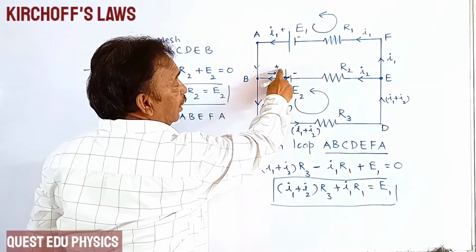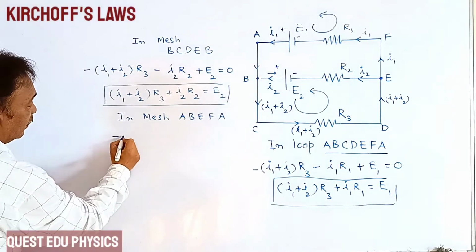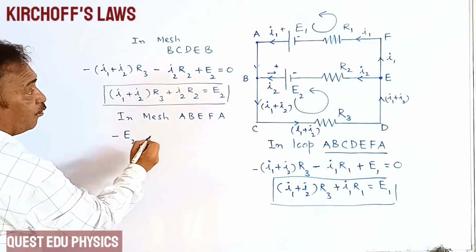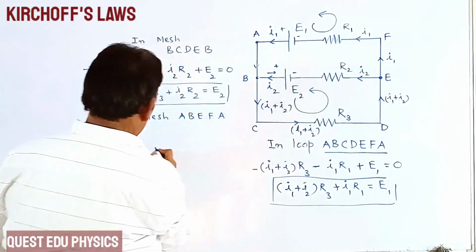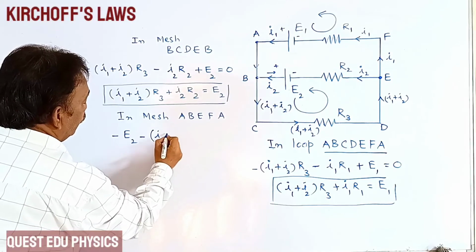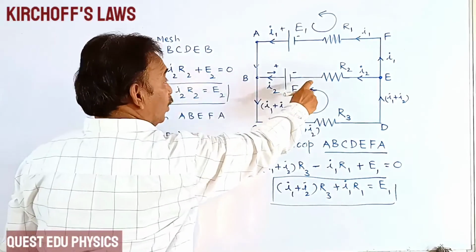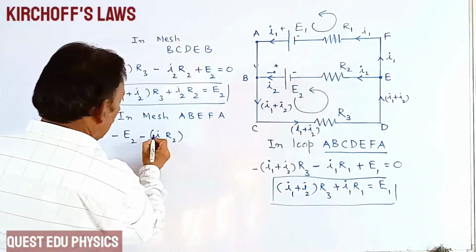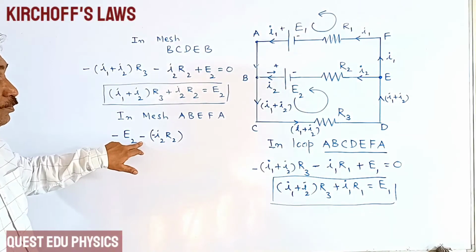See, we are dropping from plus to minus, minus E2. Here we are traveling against the direction of the current, so that is minus of minus I2 R2.